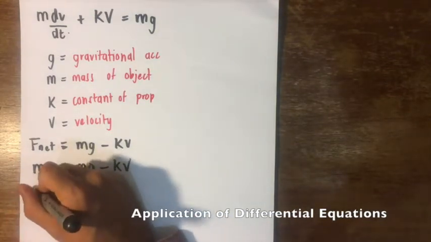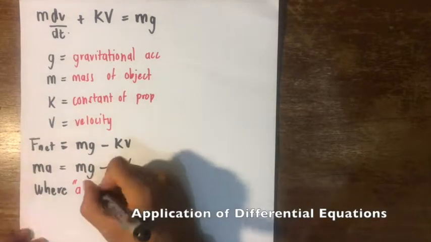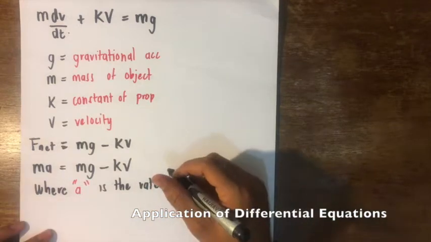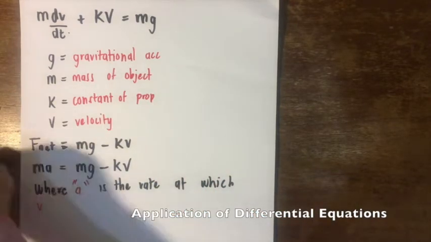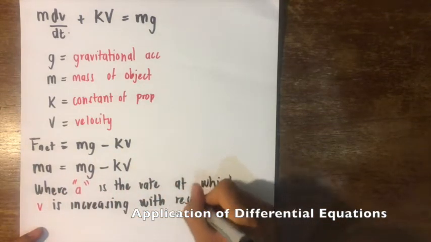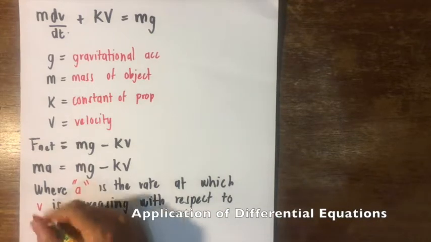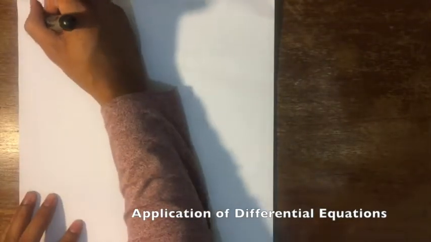So in this equation, A is the rate at which V is increasing with respect to time. We can therefore write it as A is equal to dV over dt.